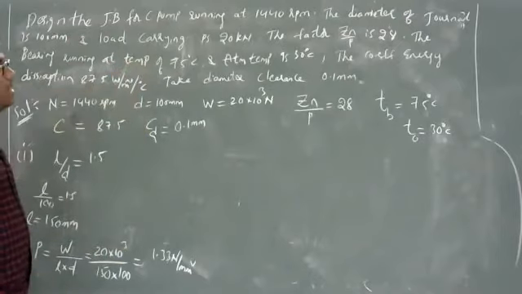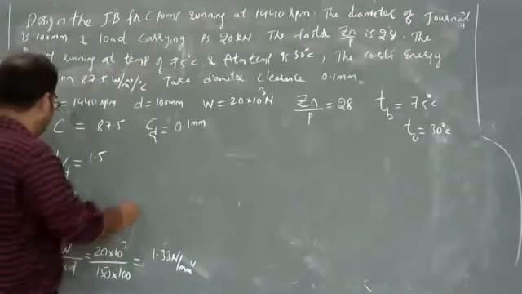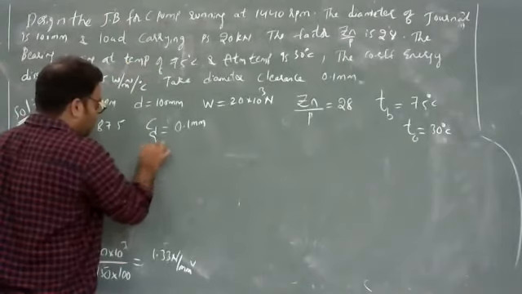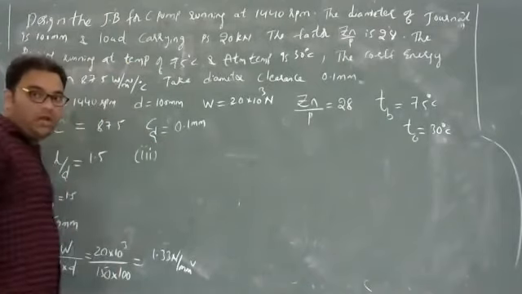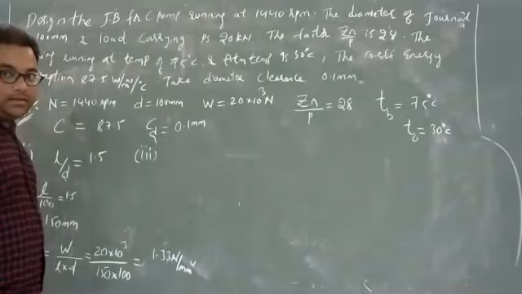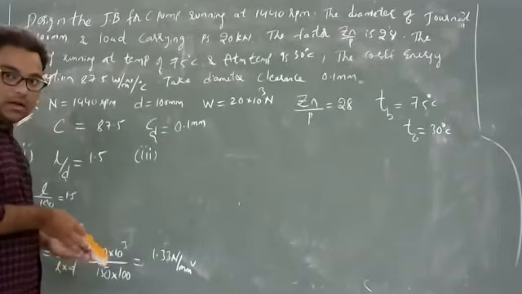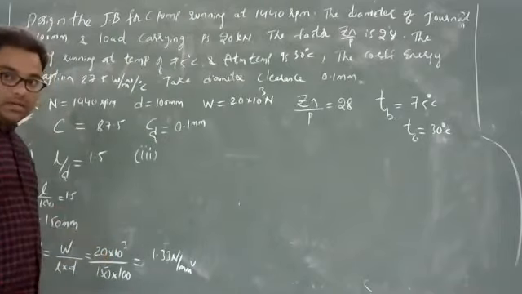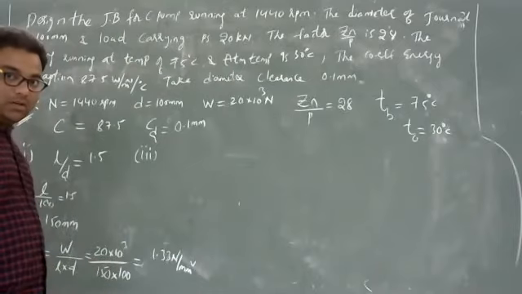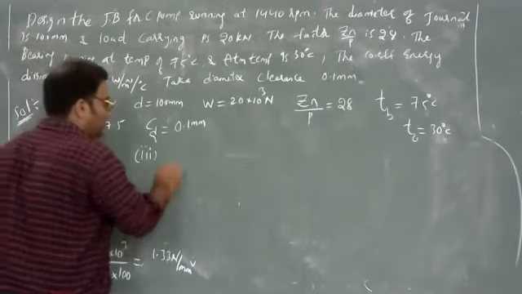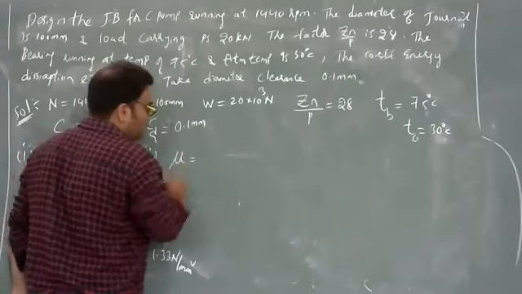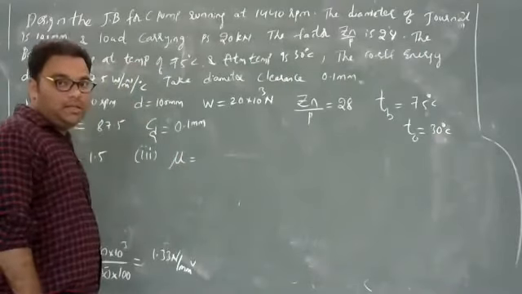Next, the ZN by P value is given. What is the third step we need to follow? That is heat dissipation. Before going to heat dissipation, heat generation, again we have to calculate the mu value. What is the mu value?